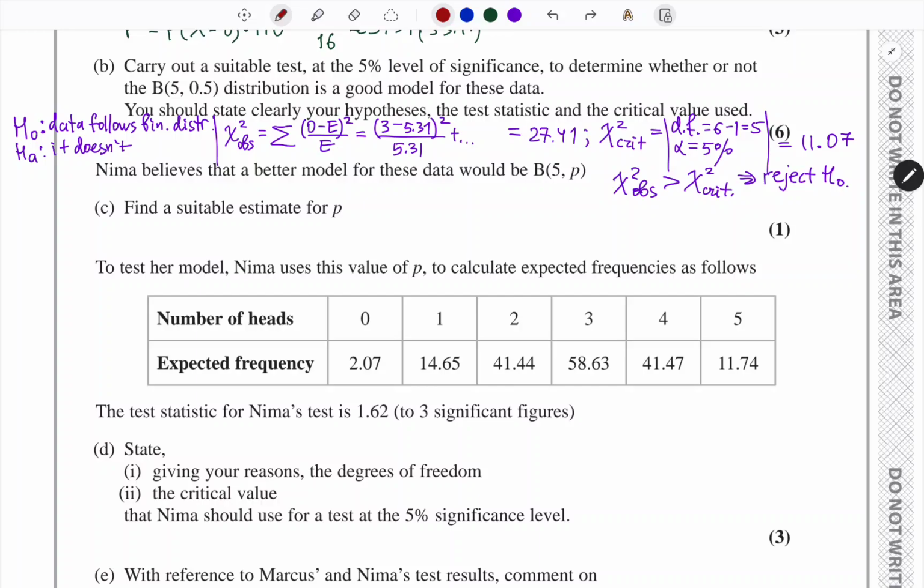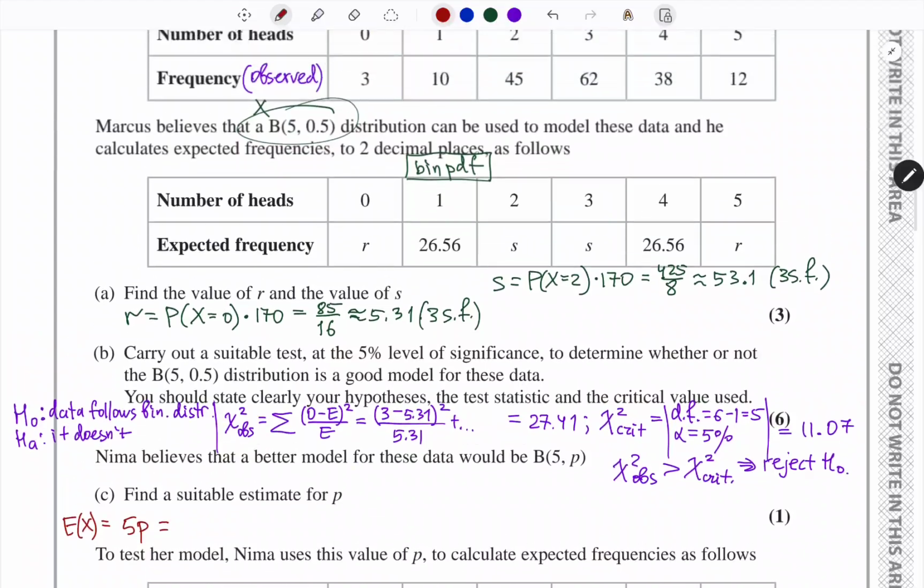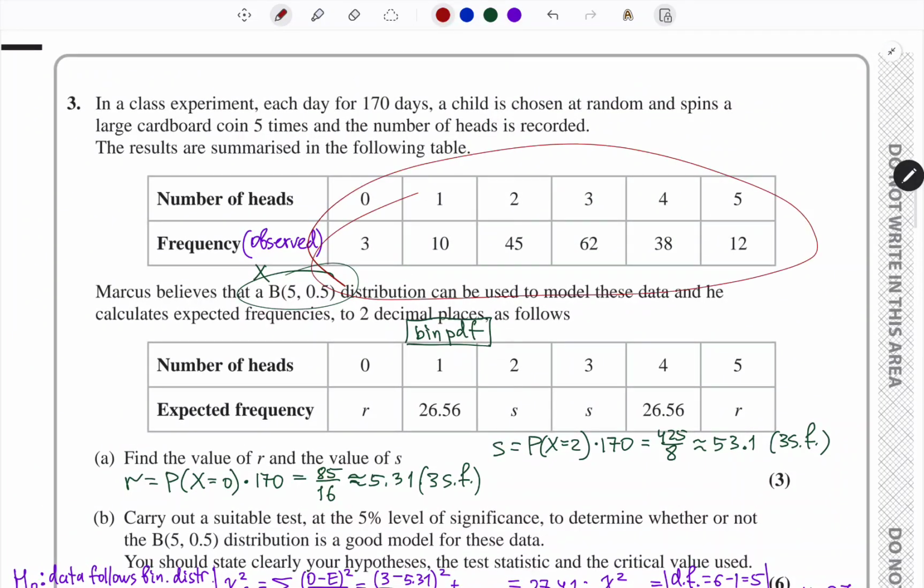In order to make an estimation for p, we use the expected value of X. Its theoretical value, looking at the distribution, is np, so it's 5p. But the estimated value comes from the data we observed, right?